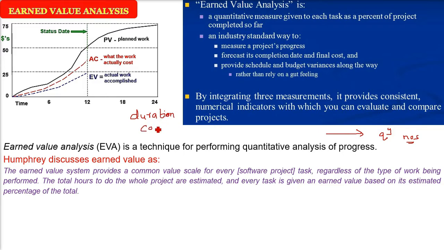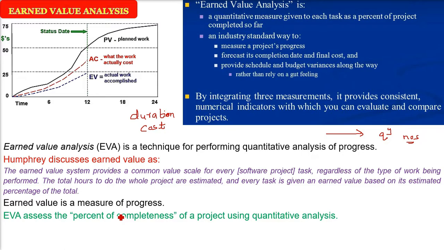That is, you will get the duration and you will get the cost at a particular juncture of your schedule. So earned value is a measure of progress. It is also a measure of percent of completeness. As I said, it gives us the quantitative analysis.